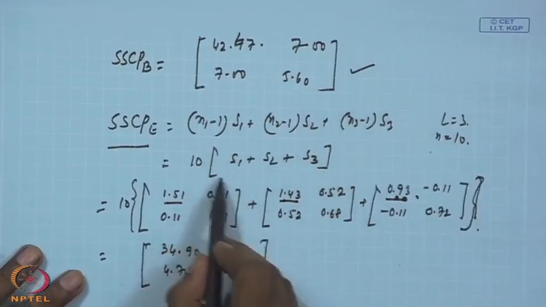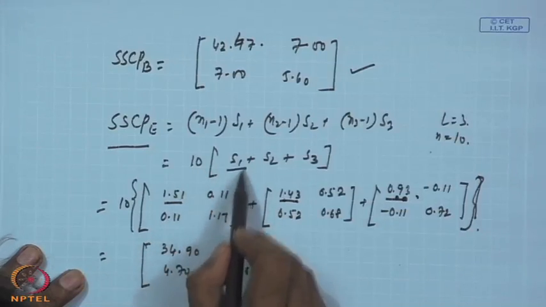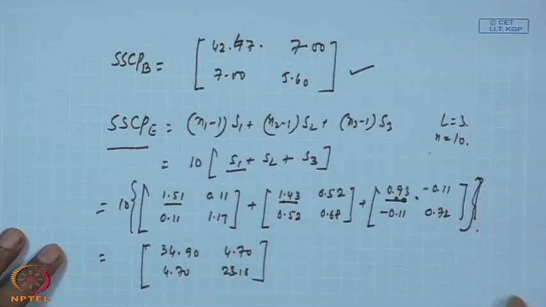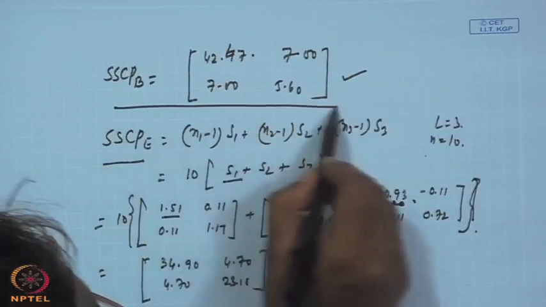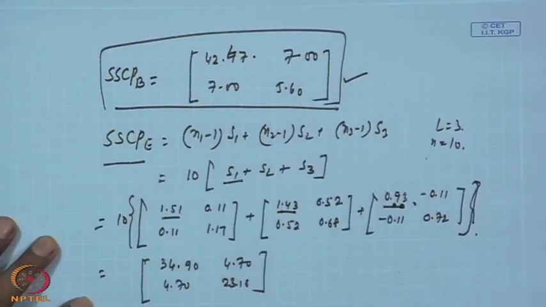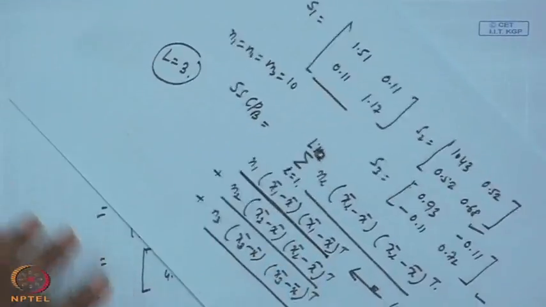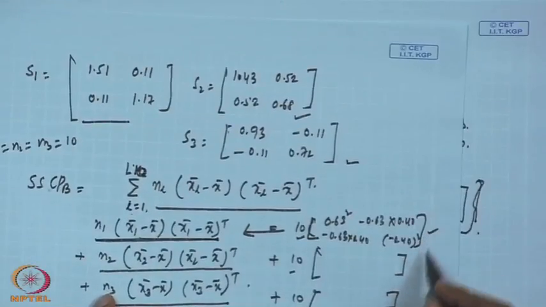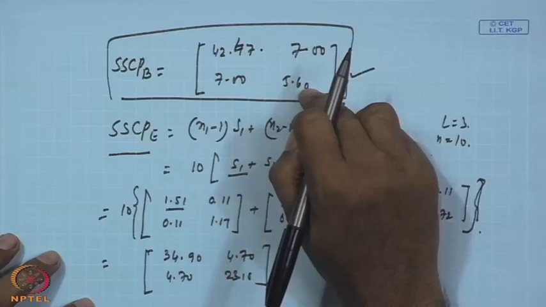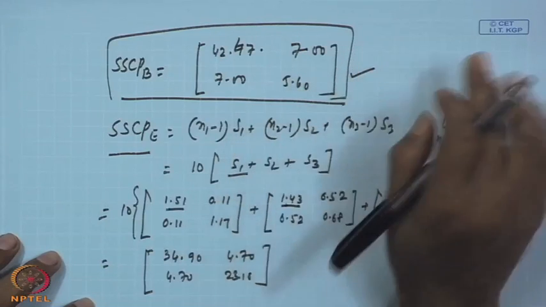So, for the first one, SSCP B, the resultant values are this, where all three parts related to this component, this component, this component are added, and you will get it like this.